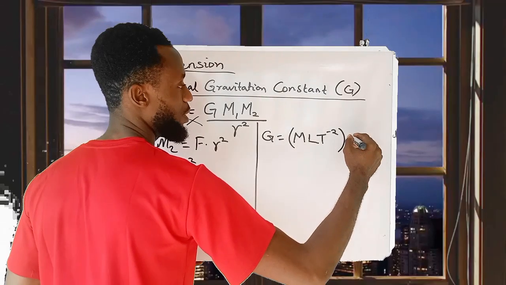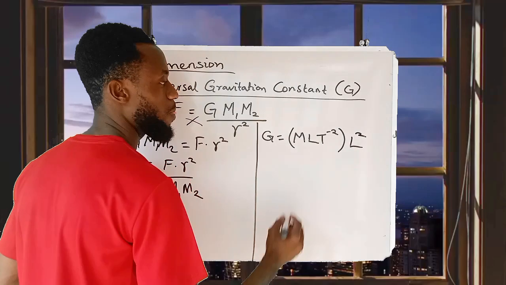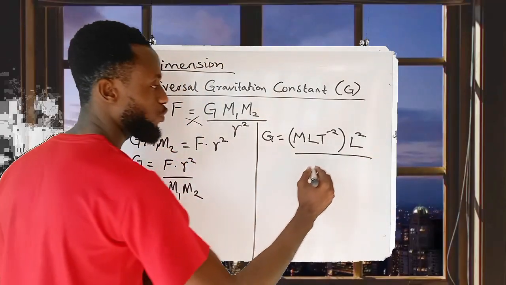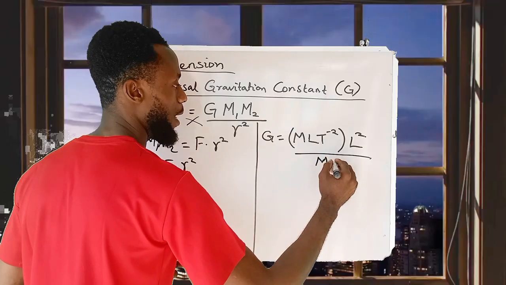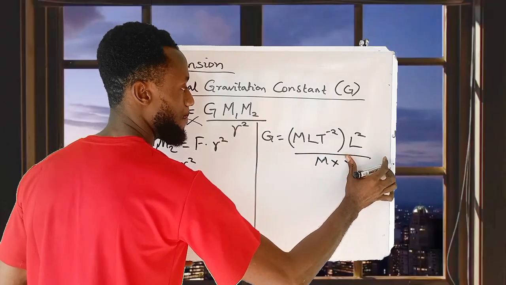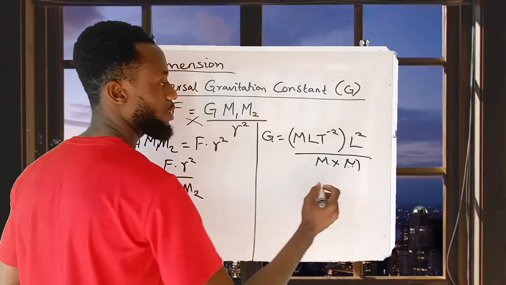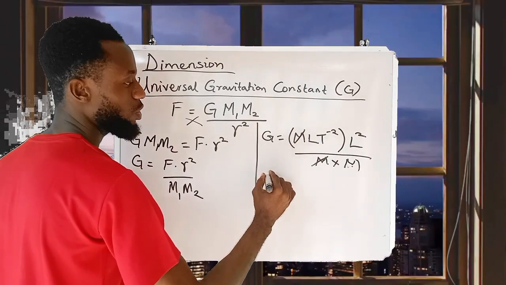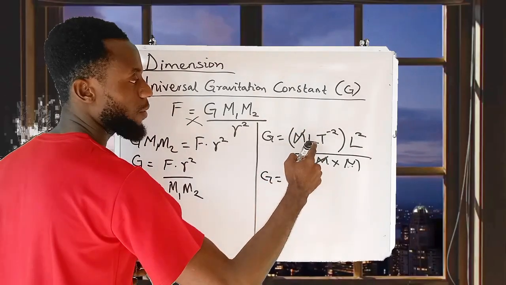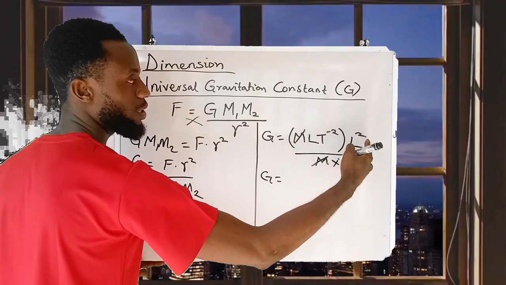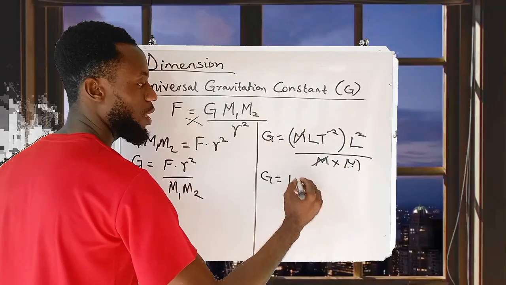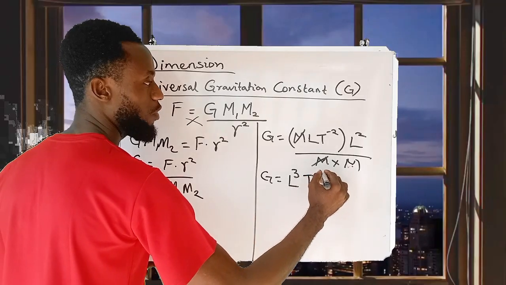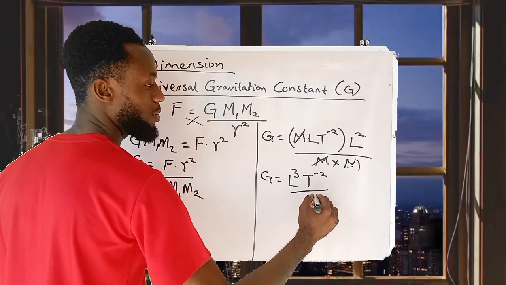So r squared will be distance squared, all divided by mass, and mass are 2 fundamental quantities, M times M. So if we do this, one of the masses cancels out, leaving us with length raised to power 1 times length raised to power 2 becomes length raised to the power of 3, and then T power of minus 2 all over mass.